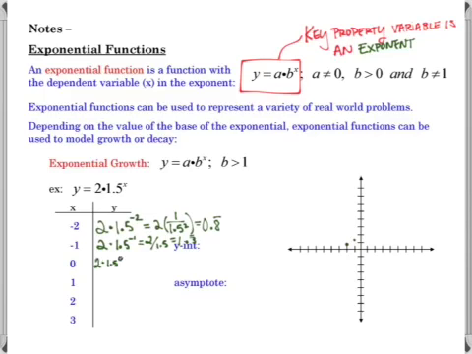I plug in 0, and remember, anything to the 0 power is 1, that gives me a 2, plot that point. Then I put in 1, I get 3, and we can see the shape that's happening here. I get 4.5, and my last one, I get 6.75. So we get this nice curve as we plot our points, which is the exponential curve.